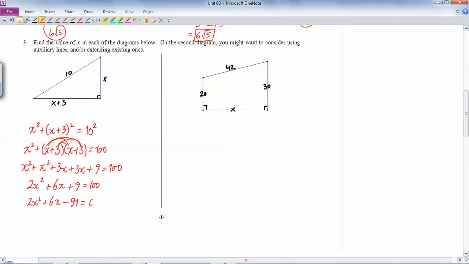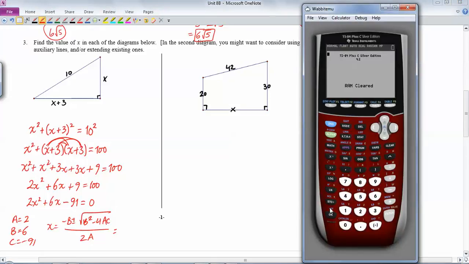equals 0. And then at this point, we can use quadratic formula. A is 2, B is 6, C is negative 91. And if I plug into the quadratic formula, b squared minus 4ac all over 2a. Let me call up the calculator here. Okay.